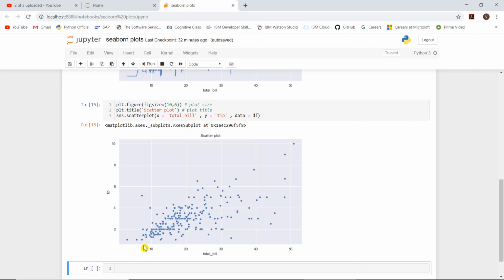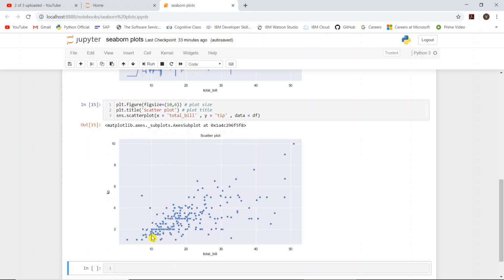For $8 total bill, how much tip was given? Something around 5, here on the y axis it is 5. So this data point represents that. Like that, all the dots are the data points between total bill and the tip. These data points are scattered, so it is called scatter plot, scatter of data points.